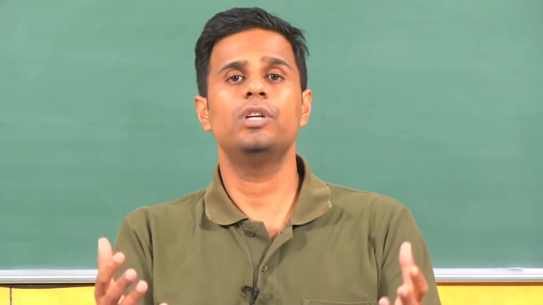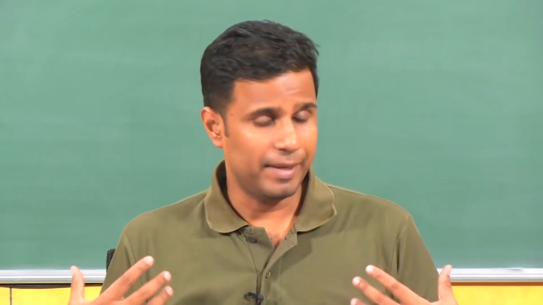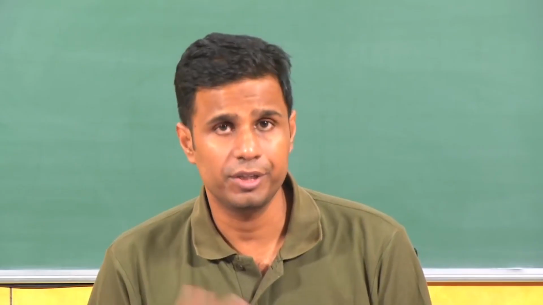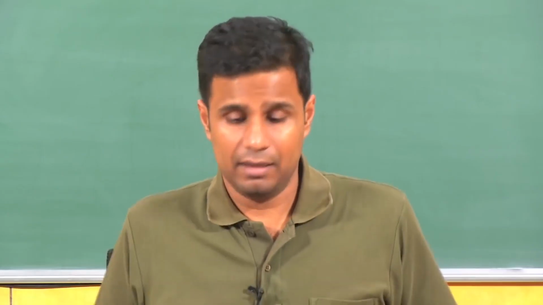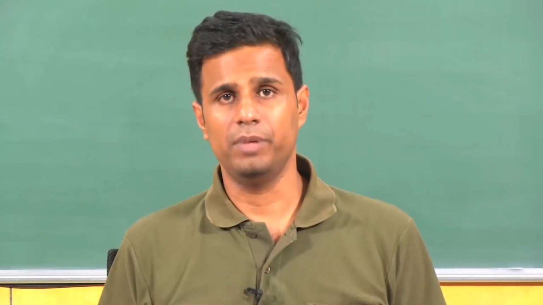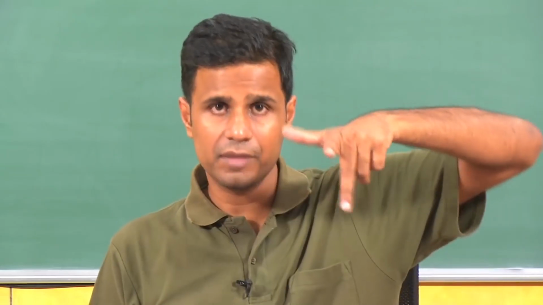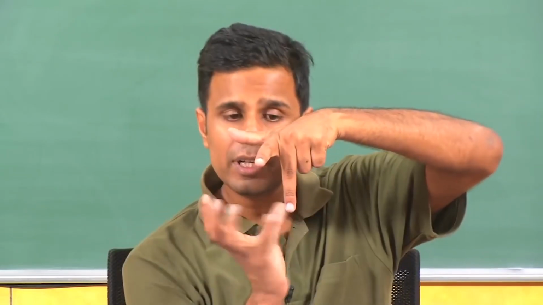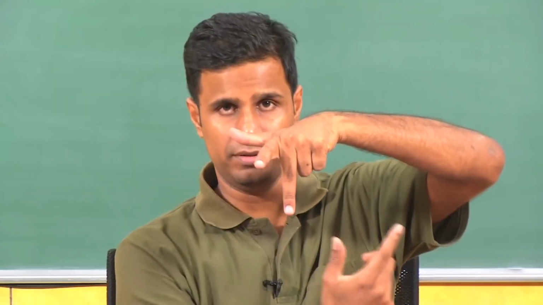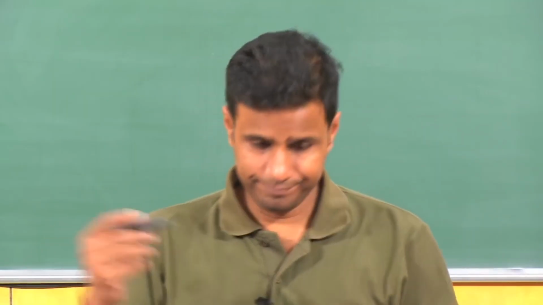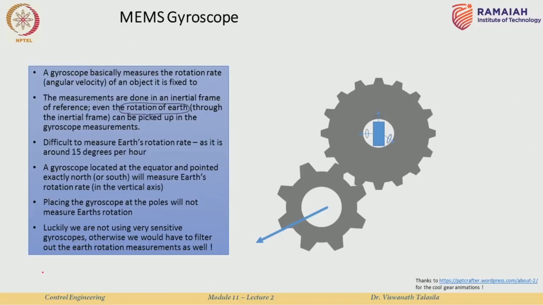I cannot sense the rotation rate of Earth. I am sitting, everything looks static to me. You place a sufficiently sensitive gyroscope and it can actually measure the rotation rate of Earth. The problem with the rotation rate of Earth is that it is very slow. It is 15 degrees per hour. You calculate this per second, it is a really small number.